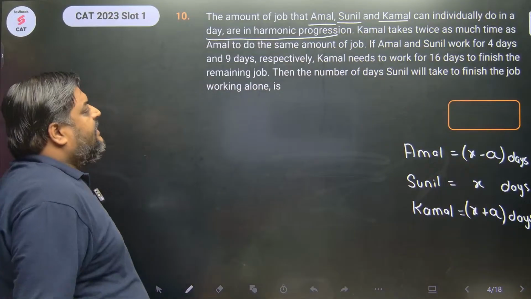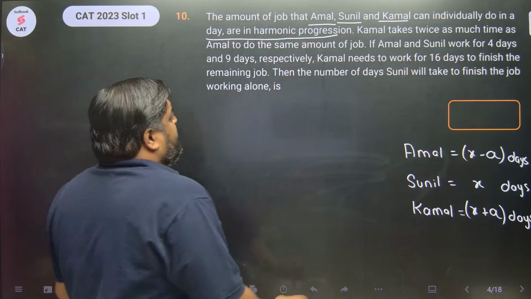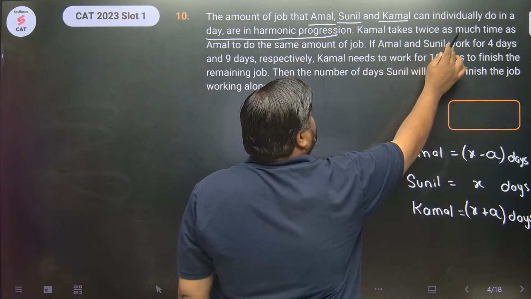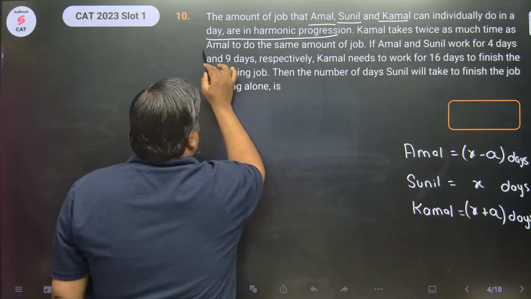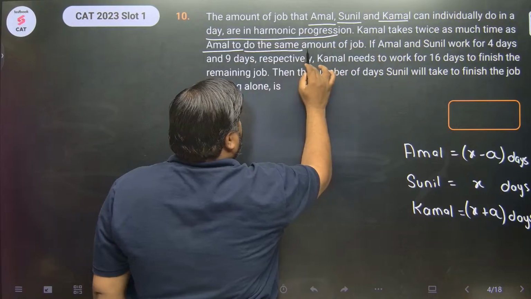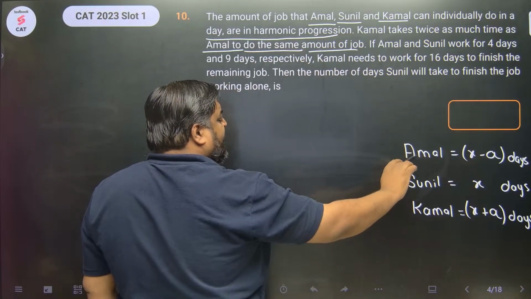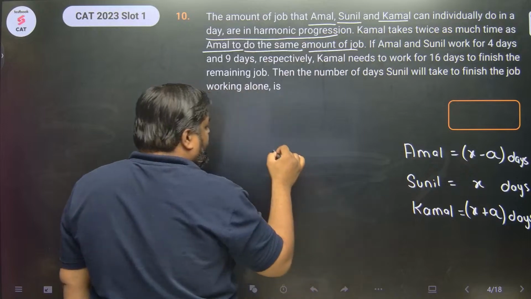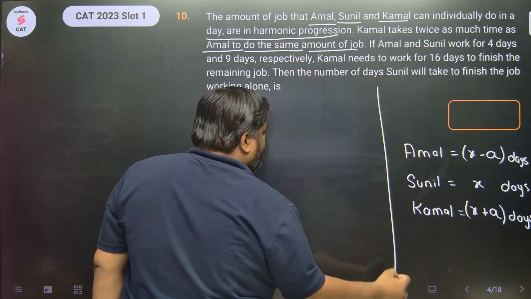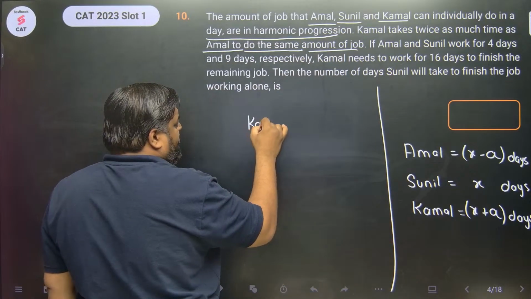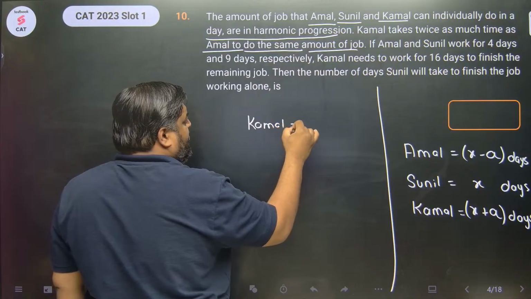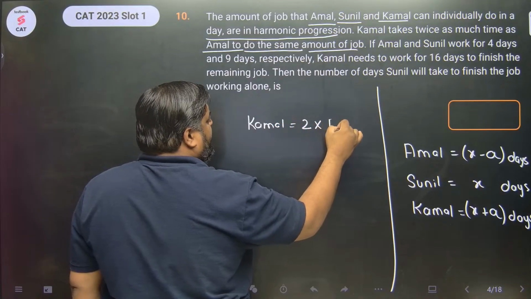Very good. Moving ahead. Kamal takes twice as much time as Amal to do the same amount of job. So according to the question, Kamal is 2 times Amal in terms of days.